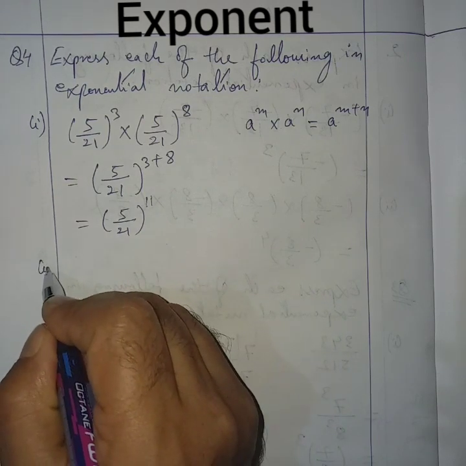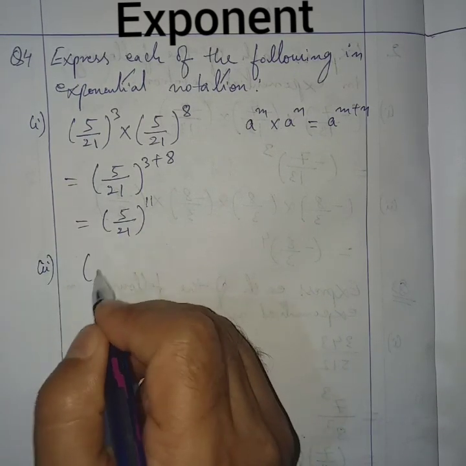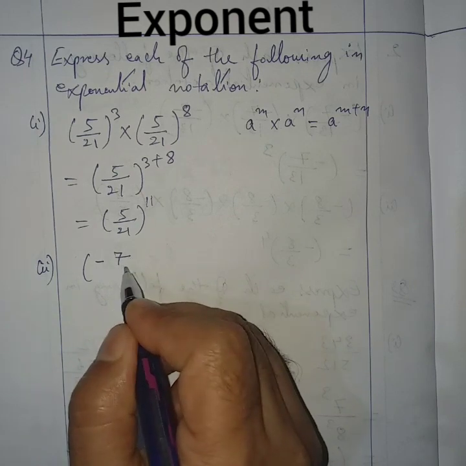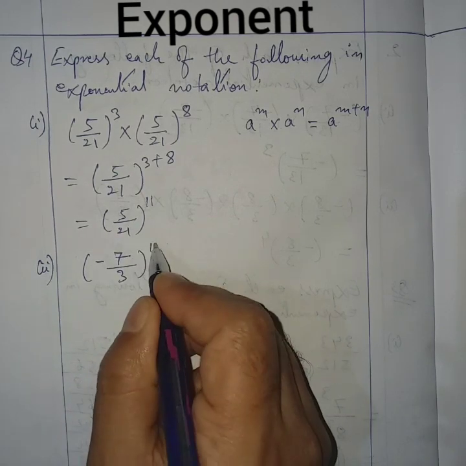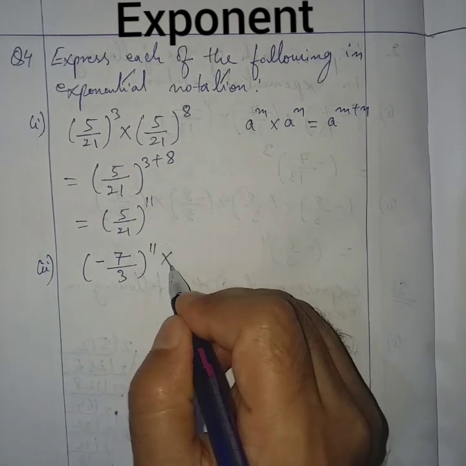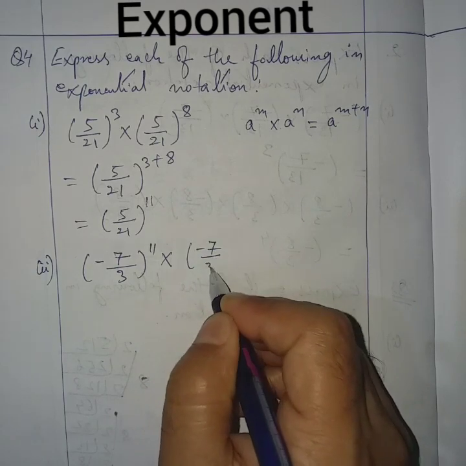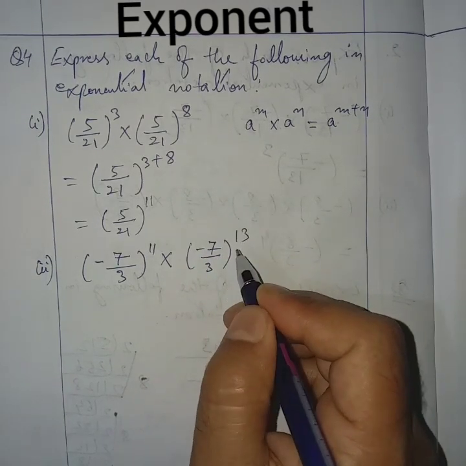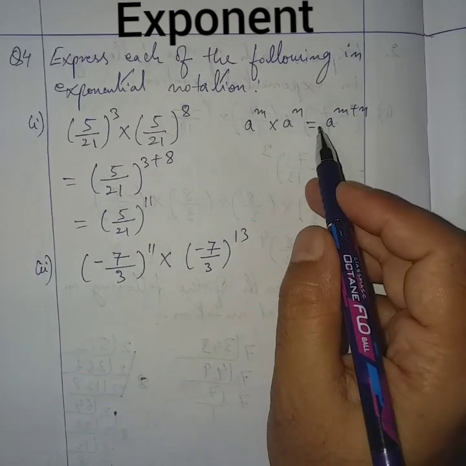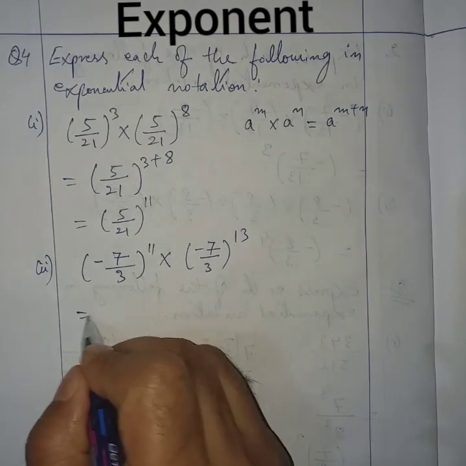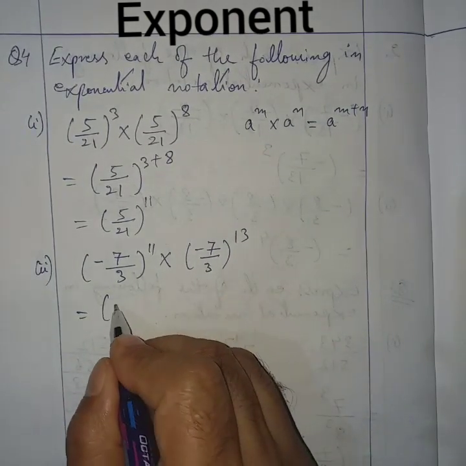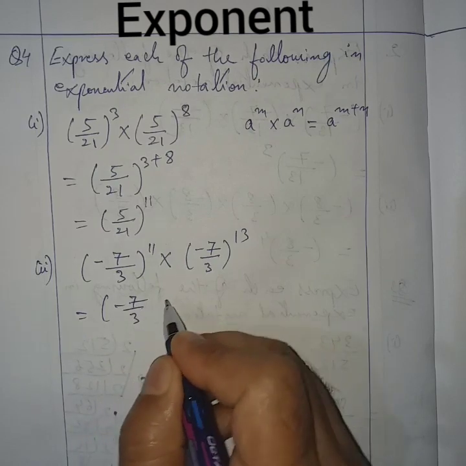Question number 2, minus 7 by 3 whole to the power 11 into minus 7 by 3 whole to the power 13. So here also with the same law, the base is same, minus 7 by 3.